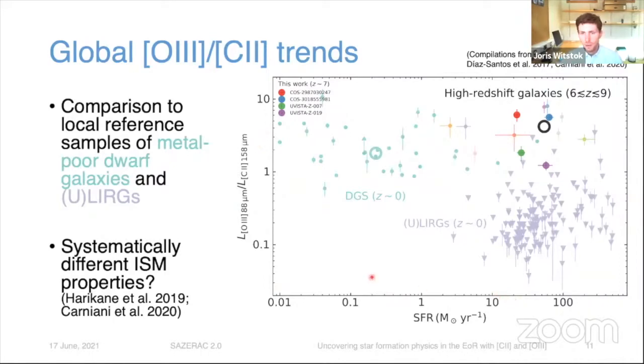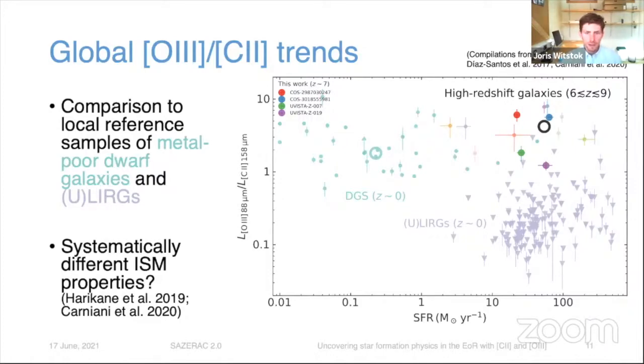Two main reference samples that we have at low redshift are the Dwarf Galaxy Survey, which consists of metal poor dwarf galaxies, and a sample of local ULIRGs. The high redshift galaxies are the colored points in the top right here. These all occupy a slightly different space of this plot, so we can start to wonder, are their ISM properties actually systematically different?